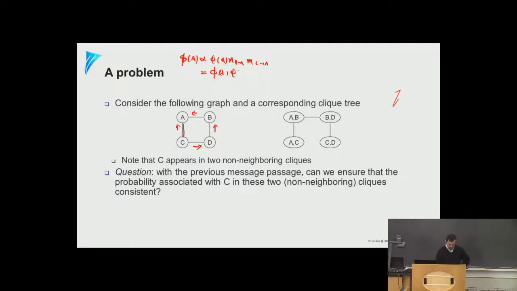It should have a B, and then the message D to B, right? And in here, I should have a C, and then what?